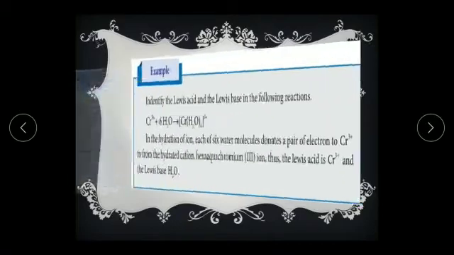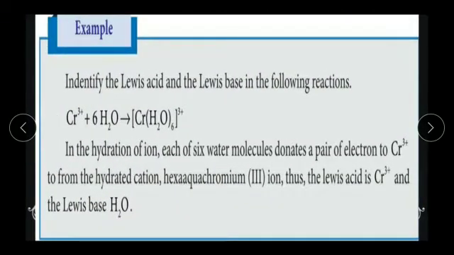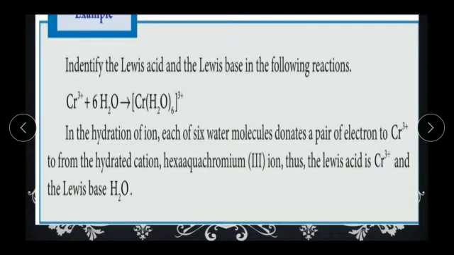Let us see one example problem. In this problem, they ask us to identify the Lewis acid and Lewis base. Cr3+ plus 6H2O gives [Cr(H2O)6]3+. There is a coordinate covalent bond. We remember that ligands are Lewis bases, and the central metal atom or ion is a Lewis acid.